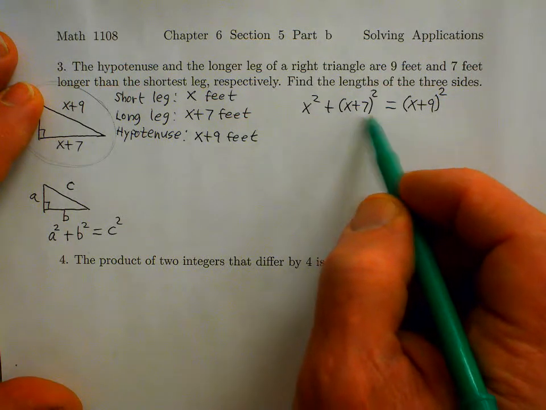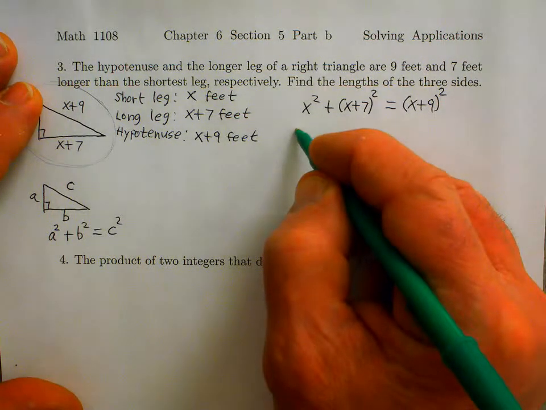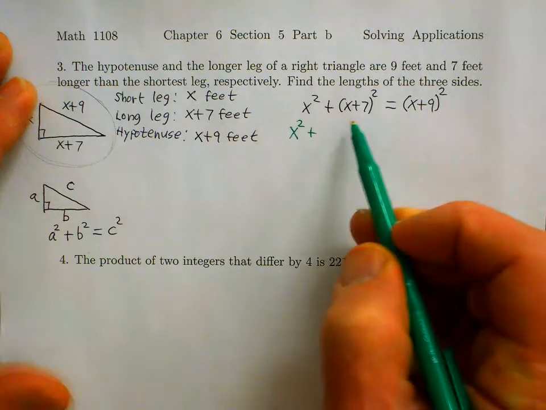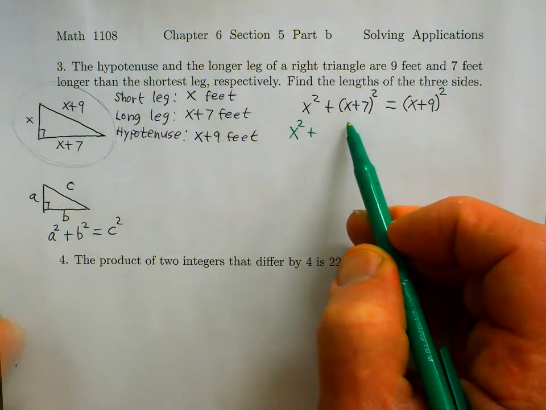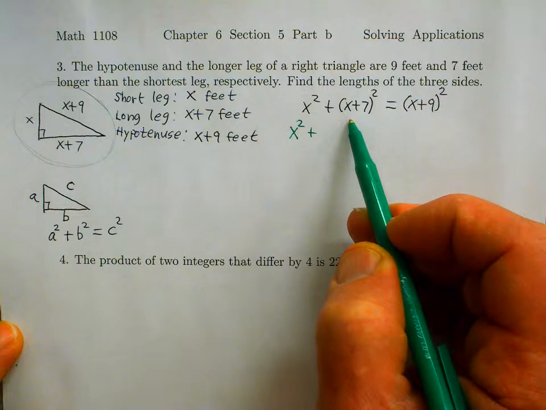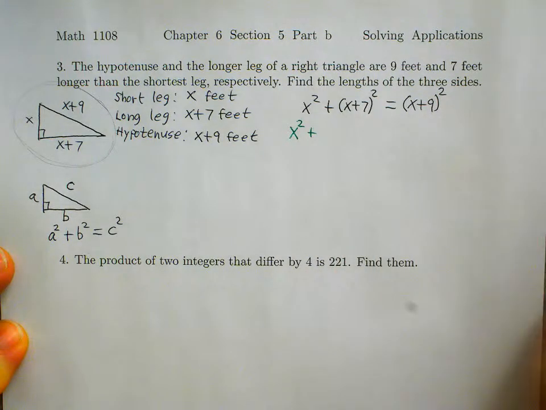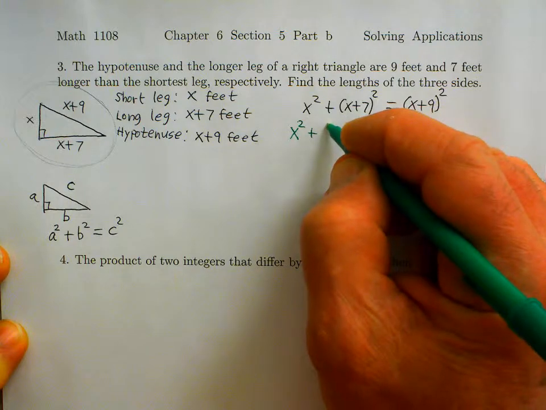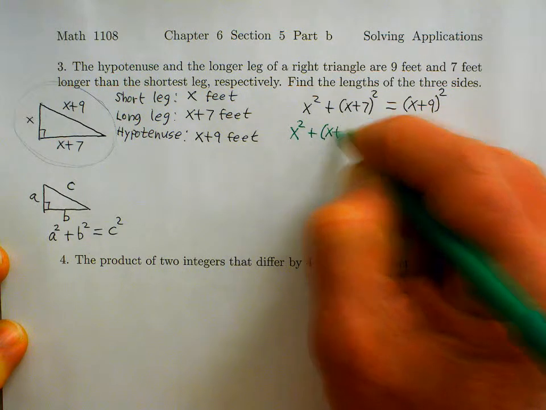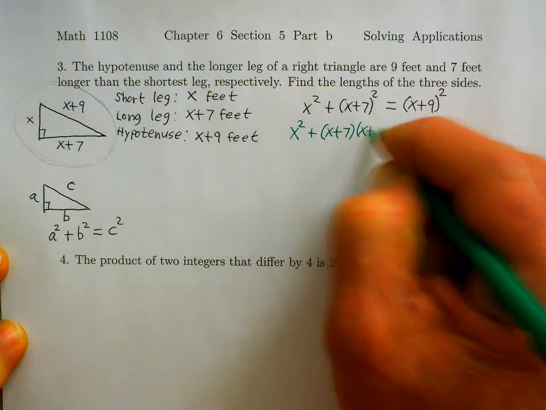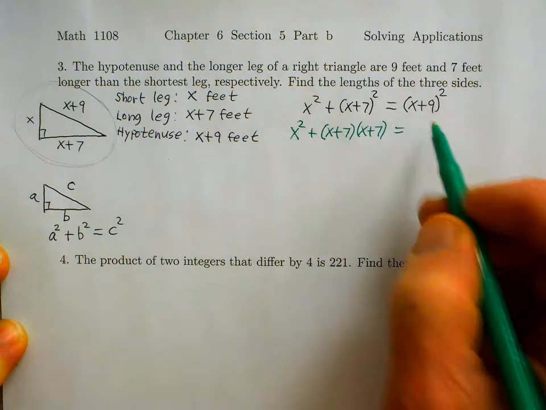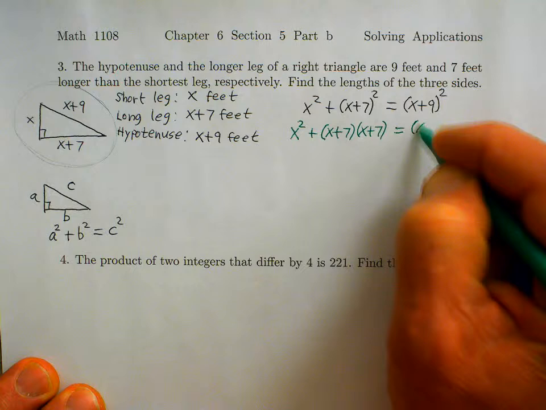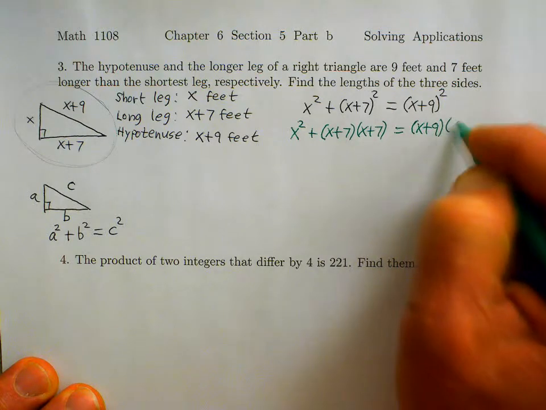Let's write this in a little bit of detail. We'll just leave the x squared the way it is. And what does it mean to raise the binomial x plus 7 to the second power? It means x plus 7 times x plus 7. And to raise the binomial x plus 9 to the second power means x plus 9 times x plus 9.